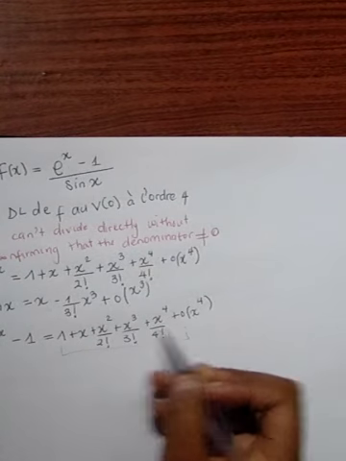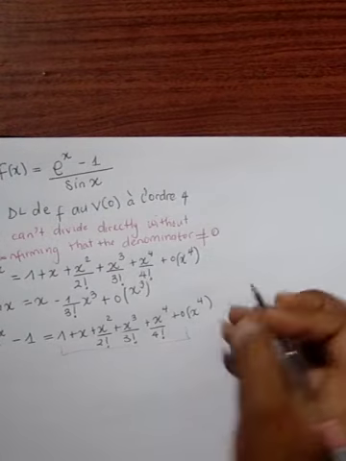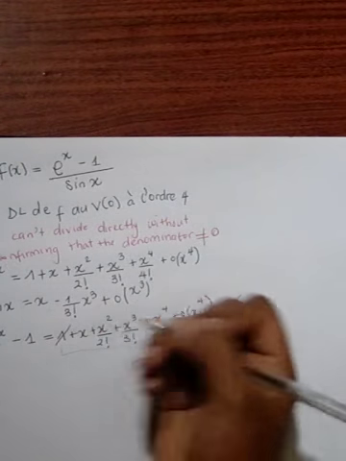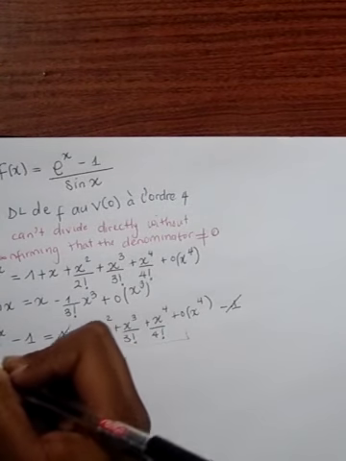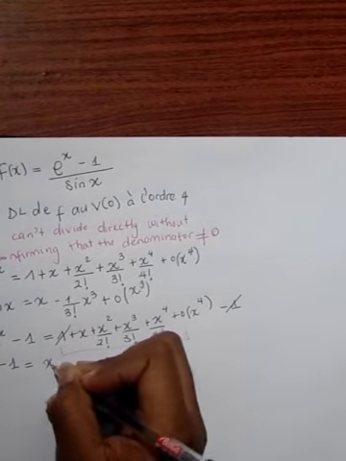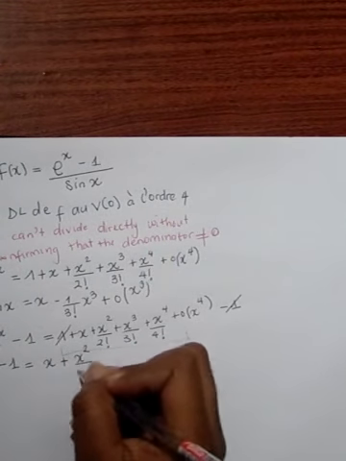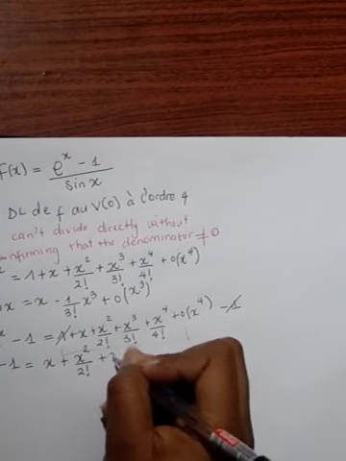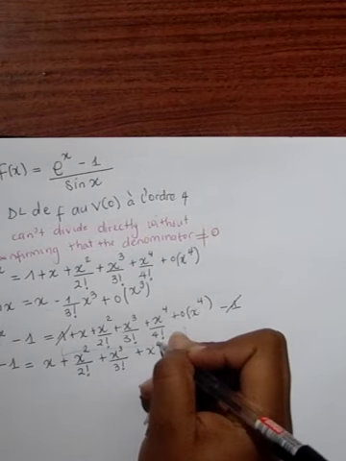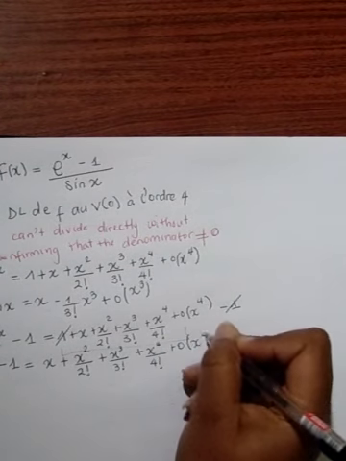That's everything right here, which is exponential x, minus 1. So this minus 1 cancels with this positive 1. And so finally, exponential x minus 1 will be equal to x plus x raised to the power of 2 over 2 factorial plus x raised to the power of 3 over 3 factorial plus x raised to the power of 4 over 4 factorial plus petit e de x raised to the power of 4.